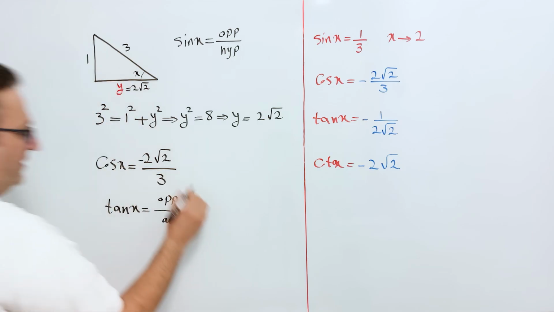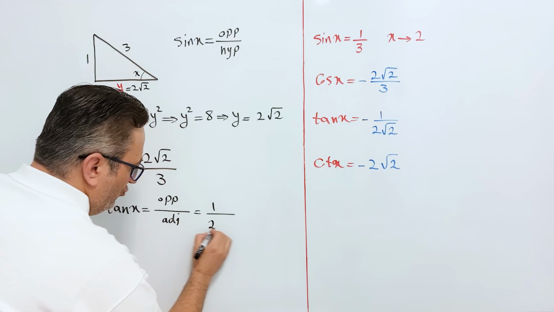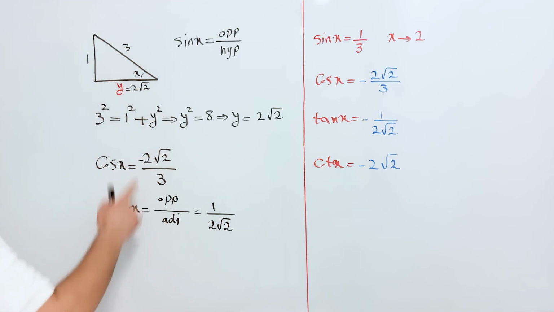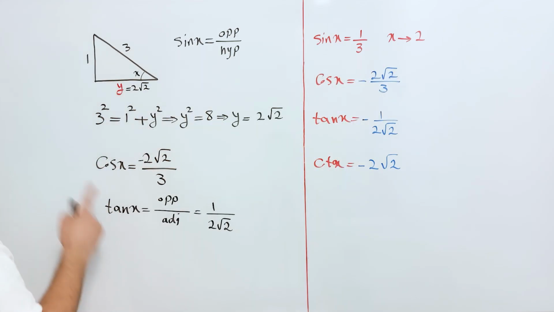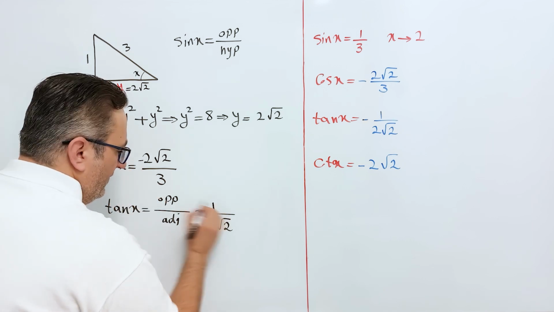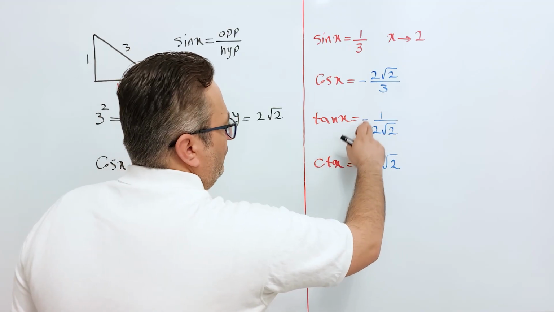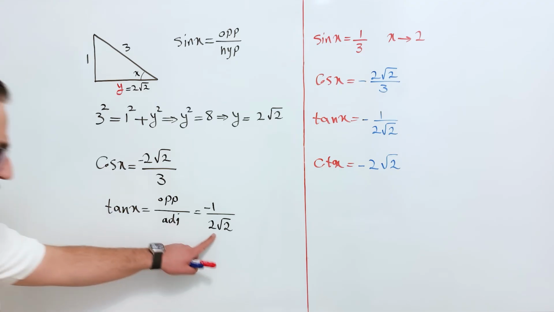The opposite side is 1 divided by the adjacent side, 2 times the square root of 2. And x is in the second quadrant, where the sign of tangent x is negative. So tangent x is equal to minus 1 over 2 times the square root of 2.